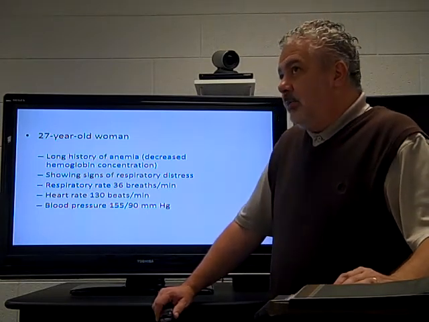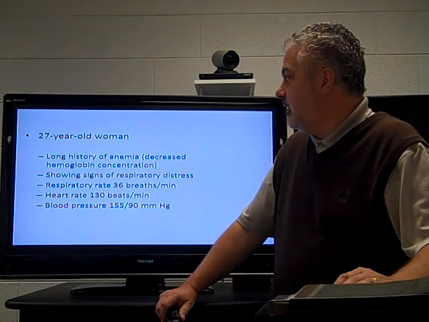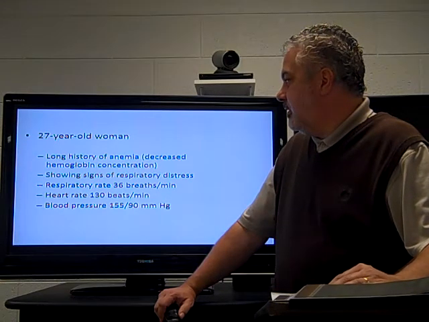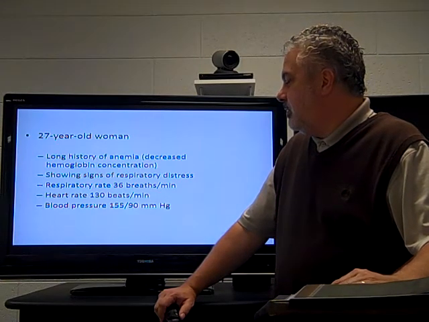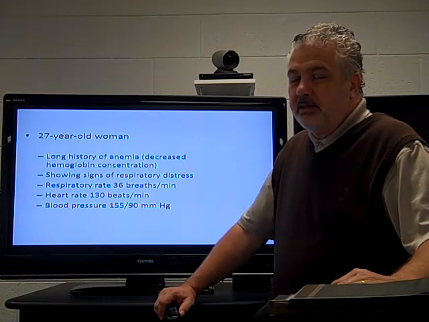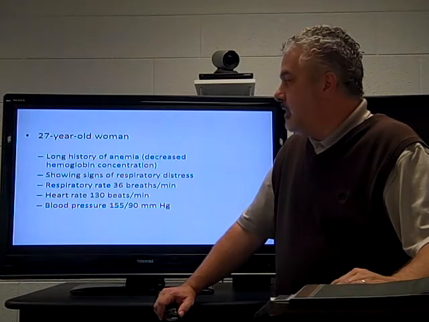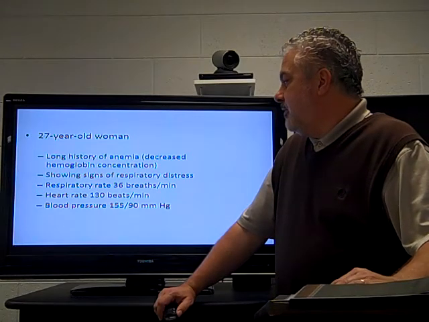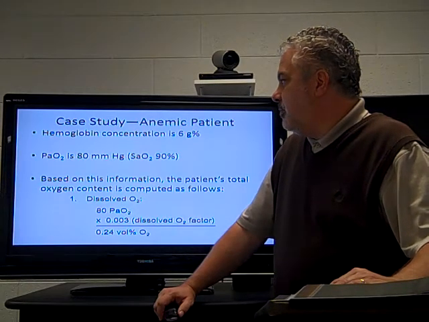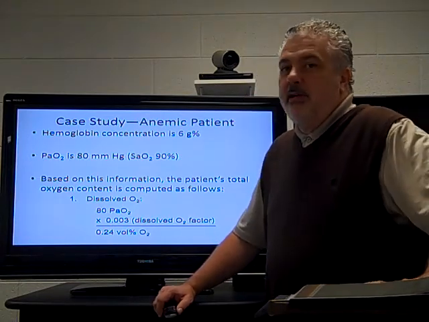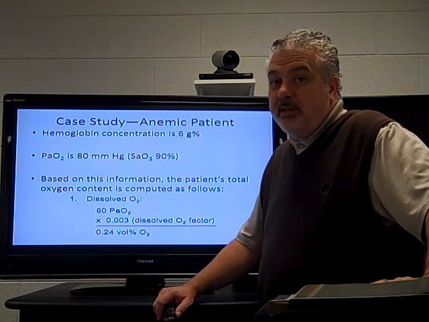If you looked at a patient who's having respiratory distress and the patient looks bad, blood gases may not tell us the patient's condition, because they have their limitations. They have a history of anemia, so if we measure their PO2, it's normal, but we see that their hemoglobin is only 6 gram percent.